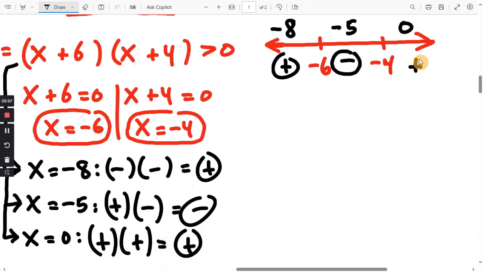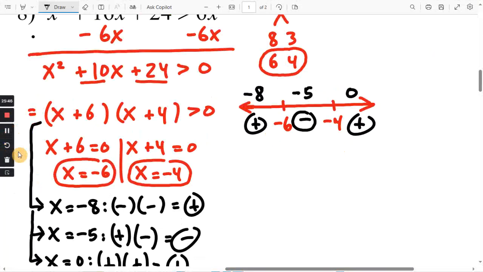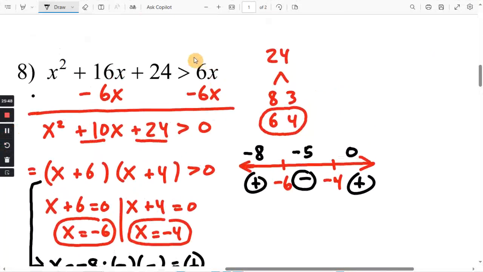Okay? Now, in many cases, the plus minus signs alternate, but that's not always going to be true. All right, so right here, we got to go to the part where we got 0 on one side. It's actually right here. All right, we're looking for the part that is greater than 0.